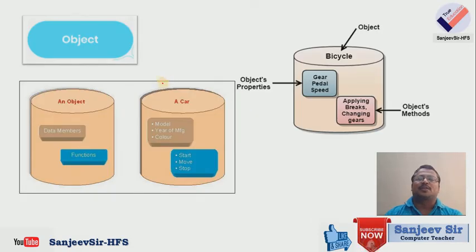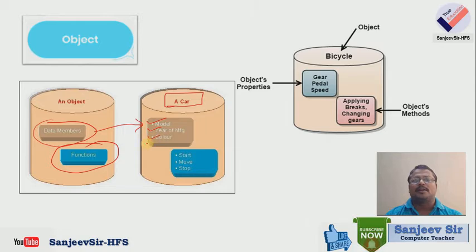The first thing is object. We consider the object as a combination of data members and functions, that means behavior. Like one car, we assume the car as one object. So data members means what? That means model, year of manufacturing, color. And functions means what? That means start, we can move the car, we can stop, we can turn it on.